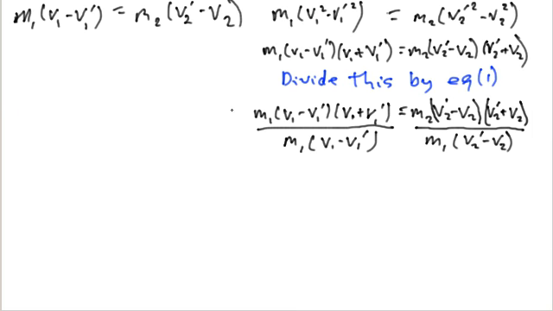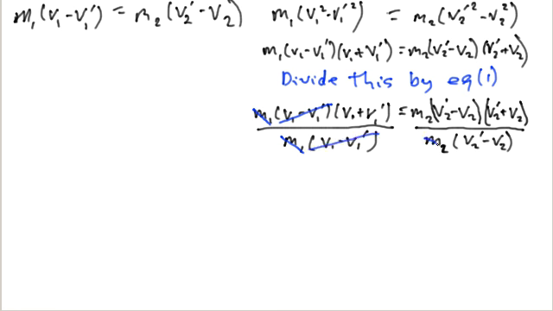Alright, I see a lot of stuff cancels there. Well, first off, I've got to write it correctly. So that was a 2 right there. I've got to copy that down as a 2. Then m1 over m1 is just 1. So we can say that cancels because 1 times anything is that something. And likewise for the ratio of v1 minus v1 prime to itself.